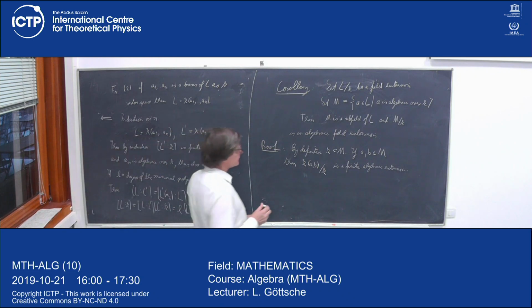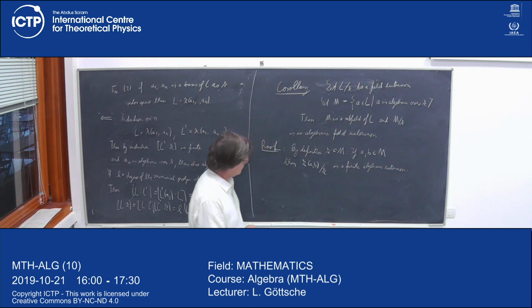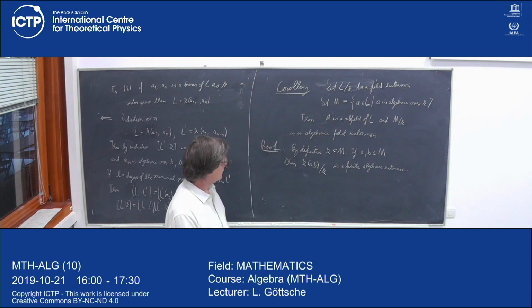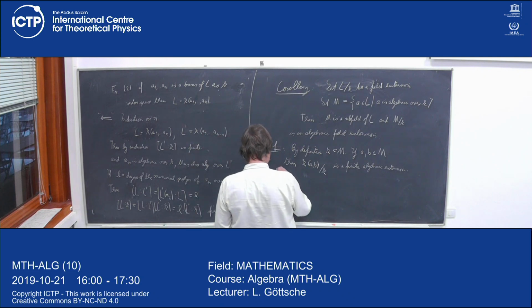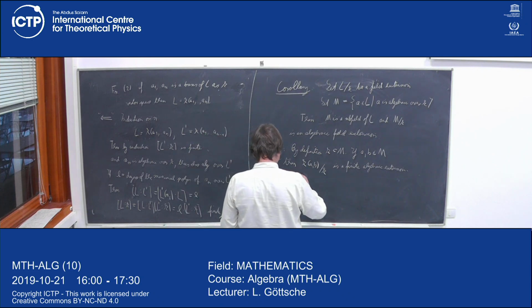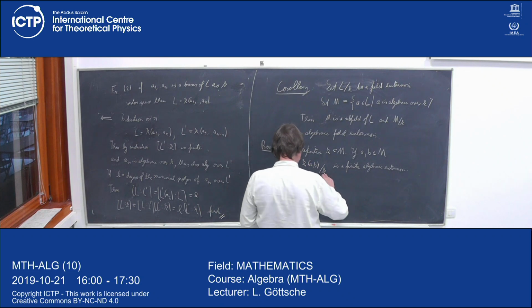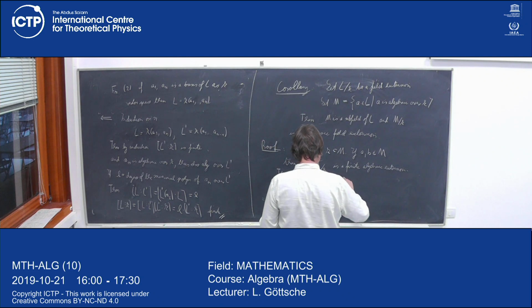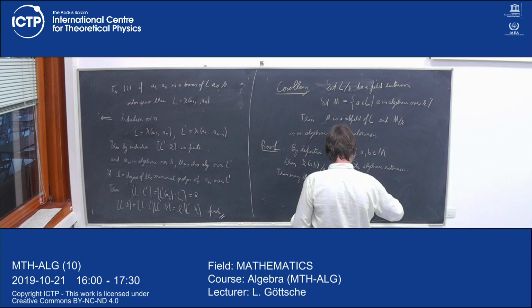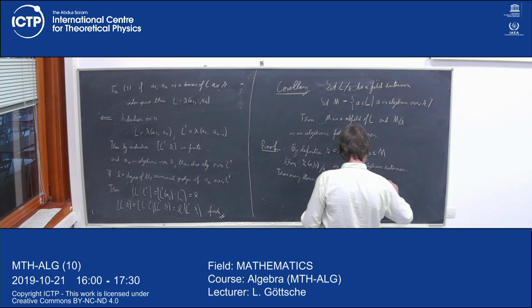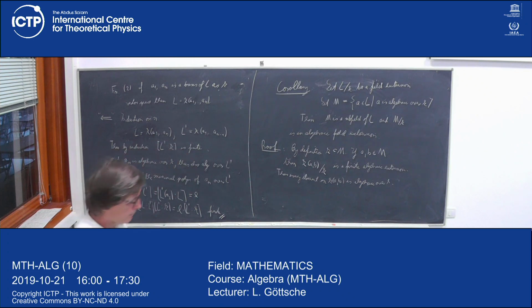And we have that every element in K(A,B) is algebraic over K. So that means K(A,B) is contained in M.